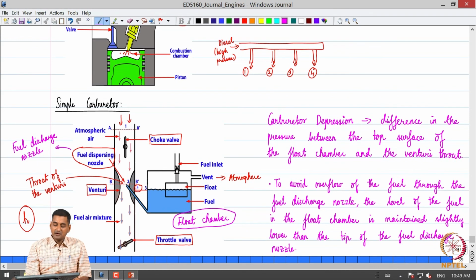We will look at how this carburetor functions in more detail in the next class by looking at the throttle valve and the choke valve in closer detail, and we will also use simple concepts from thermodynamics and fluid mechanics to analyze this carburetor.